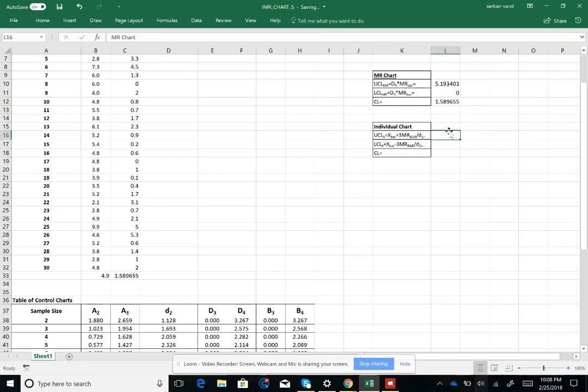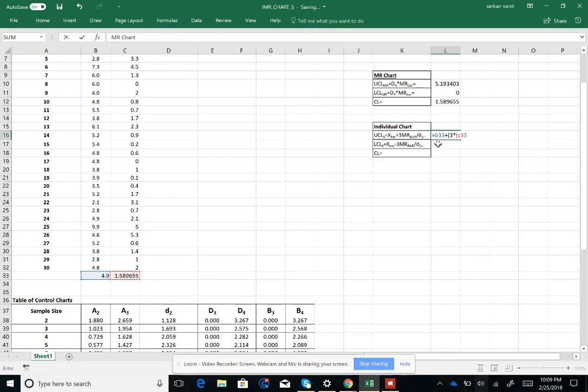Let's look at the individual values. Okay, X bar. My X bar is 4.9, which is cell B33. Okay, plus, I'm going to open the parentheses 3 times, because it says 3 times, open the parentheses again. So this time I'm looking at my MR bar, which is C33.